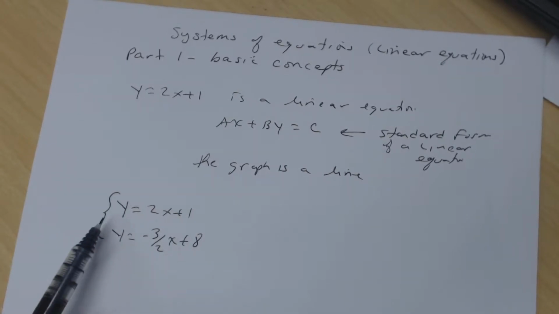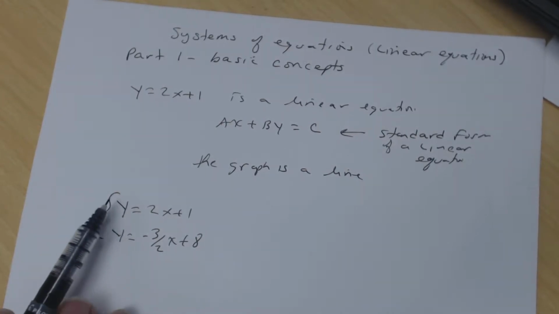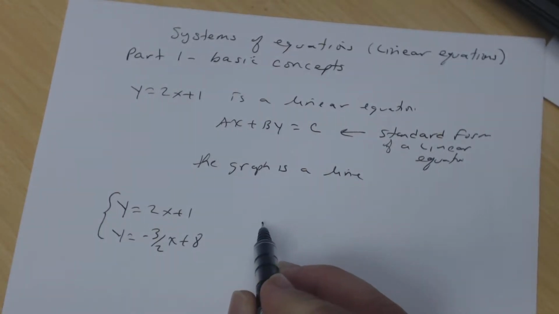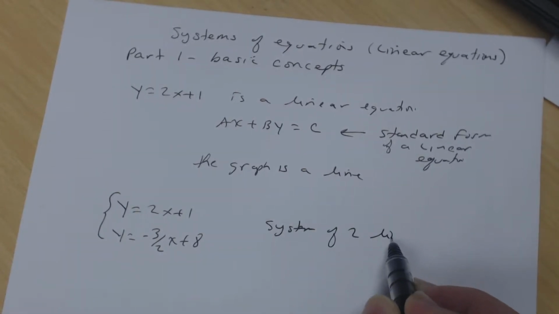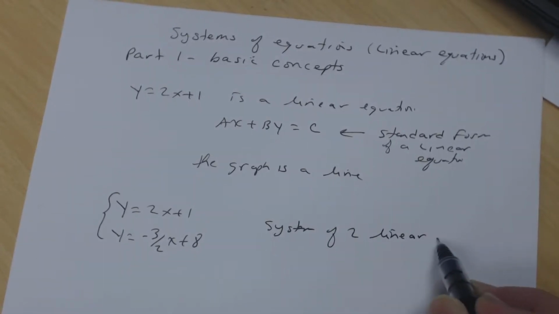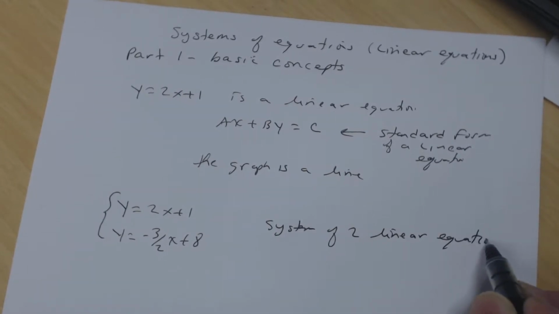This denotes a system of linear equations. So when you denote them together, this is called a system of two linear equations.